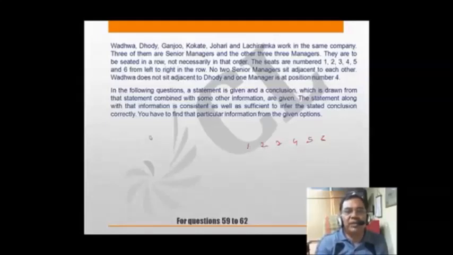No 2 senior managers sit adjacent. Senior managers cannot sit adjacent. Okay? Two senior managers together is not possible, but two managers is possible. So 1 is a manager, 4th is a manager, and Vadhva and Dhodhi cannot sit adjacent to each other.